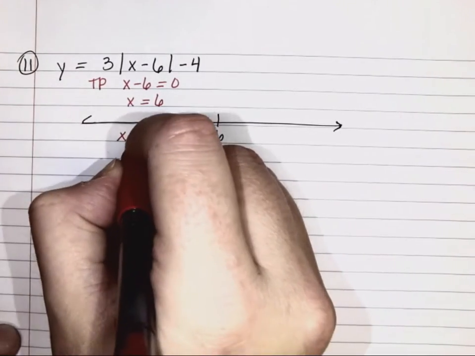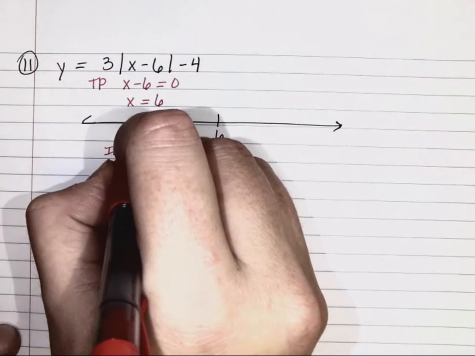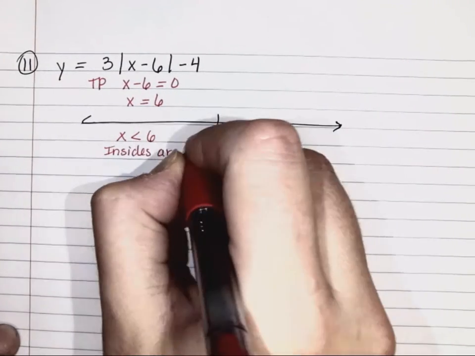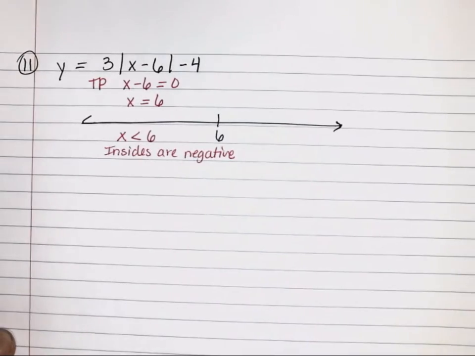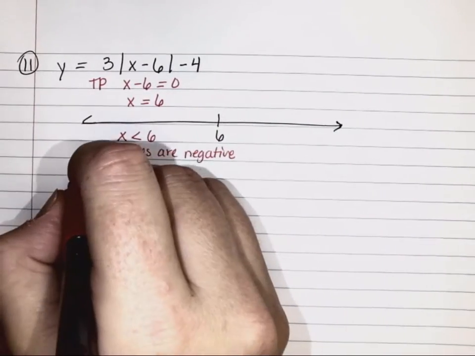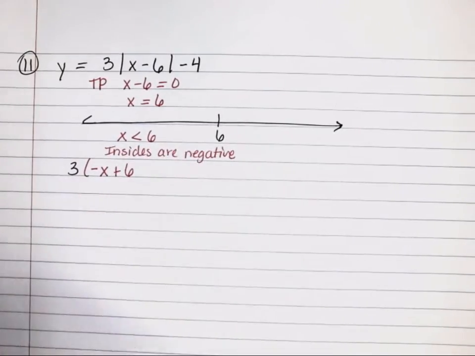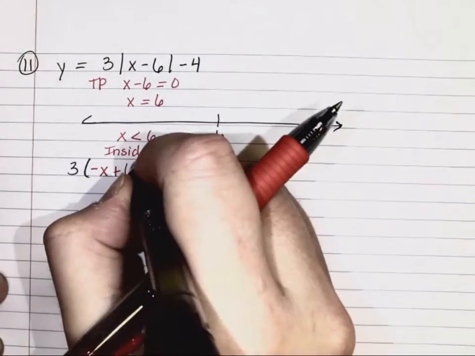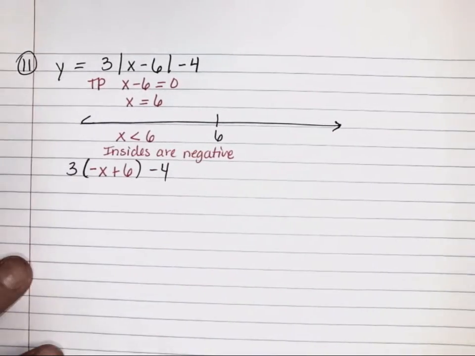So when x is less than 6, the insides are negative, so you remember that we did the opposite. So everything is going to stay the same in that, except for this absolute value part is going to become negative x plus 6. And that's the only thing I changed in that.